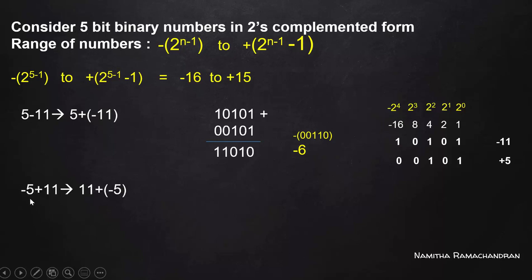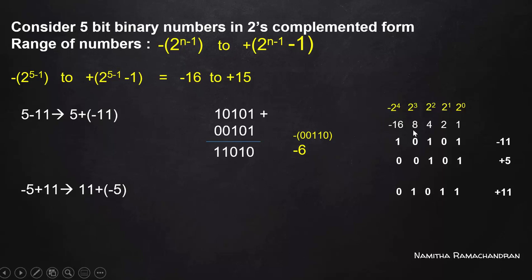Consider another example. This is minus 5 and this is positive 11. This can be represented as positive 11 plus minus 5. How to generate the 2's complement representation for positive 11 using 5 bits with this positional weightage? Positive 11 means the sign is 0, so we can directly put a 0 here.